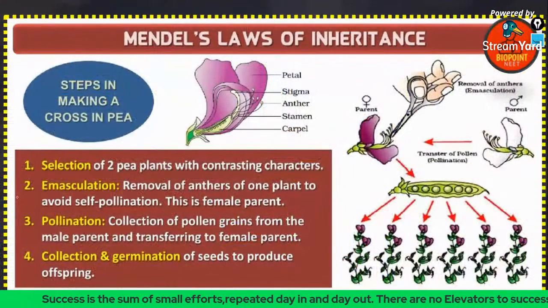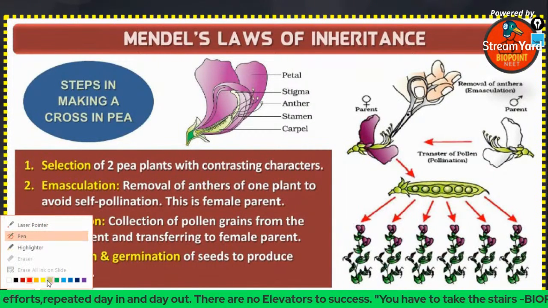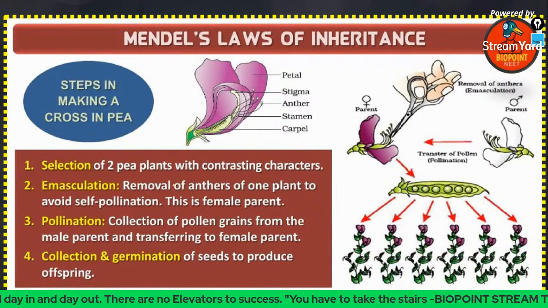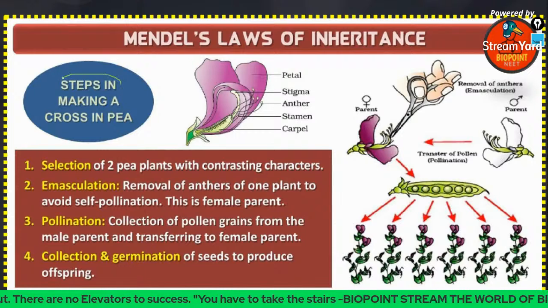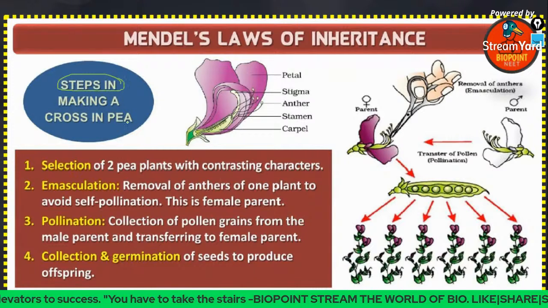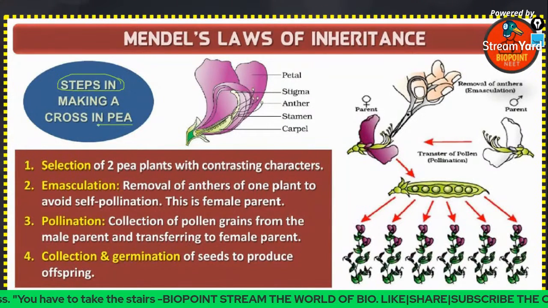Yes. Next is Mendel's laws of inheritance. Moving on to Mendel's laws of inheritance, we first have to understand the steps involved in making a cross in a garden pea.